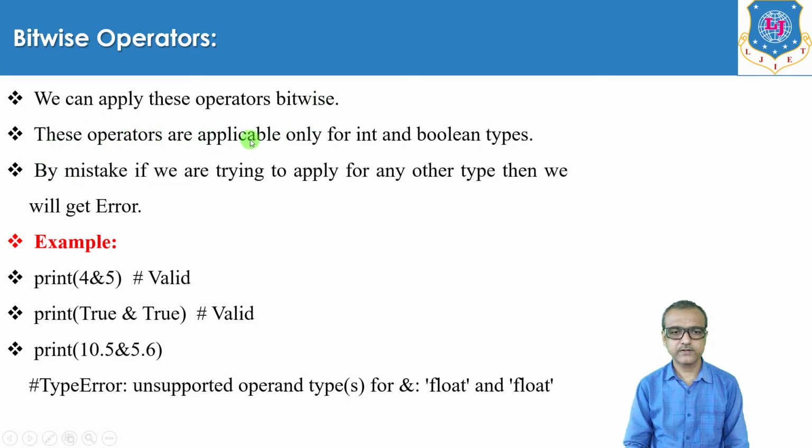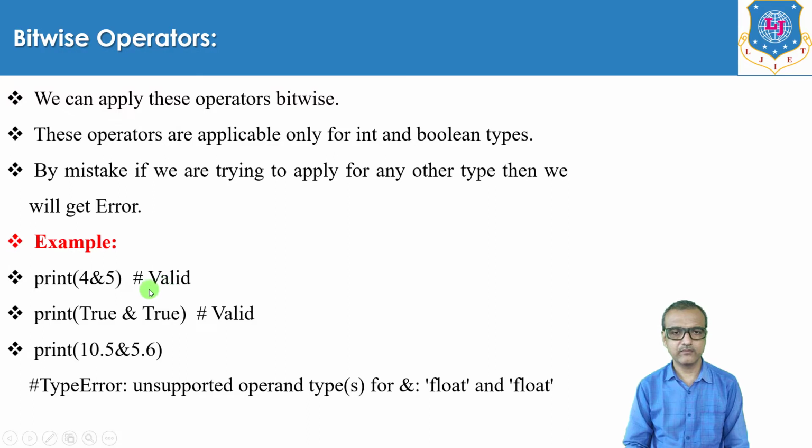These operators are applicable only for int and boolean types. Just keep in mind, these operators are applicable for int and boolean types. By mistake, if we try to apply them to any other type, then we will get an error. For example, print 4 and 5.